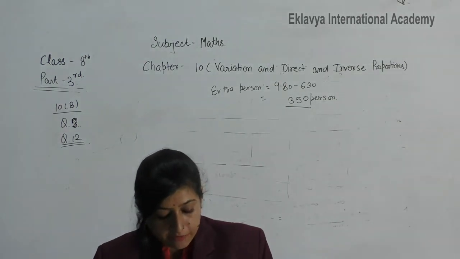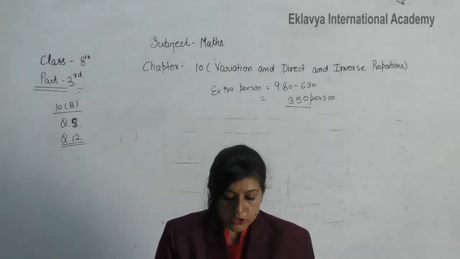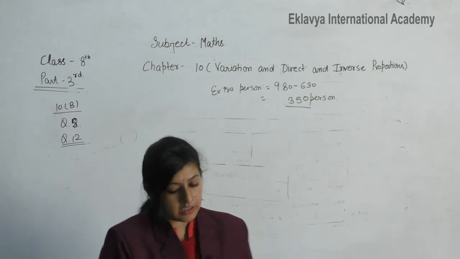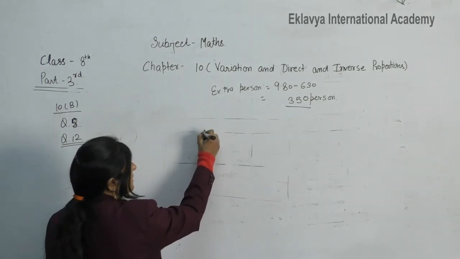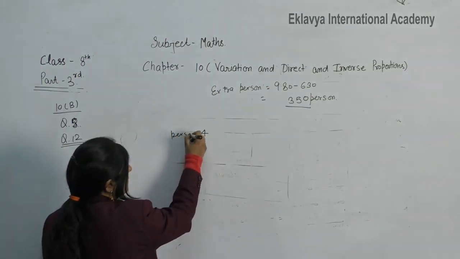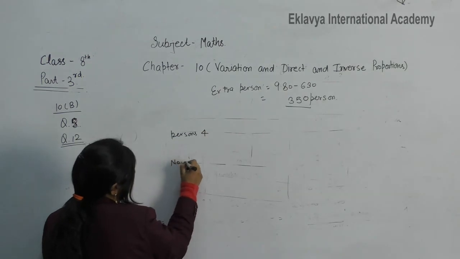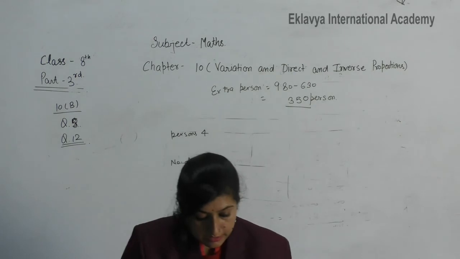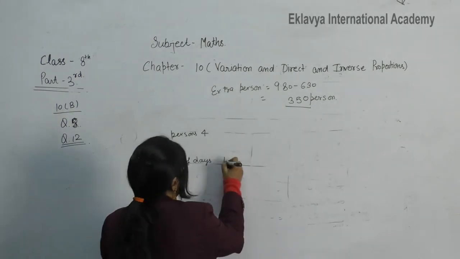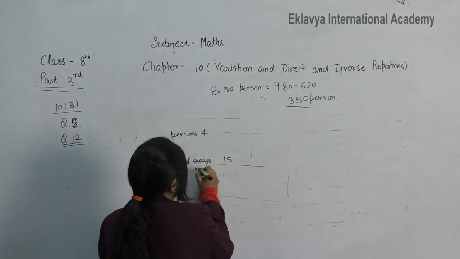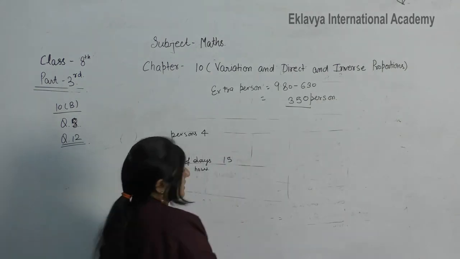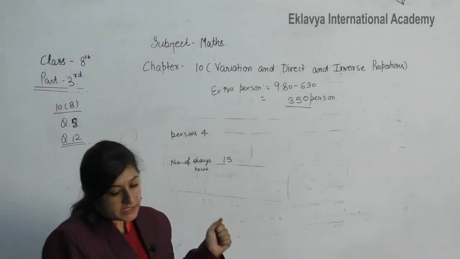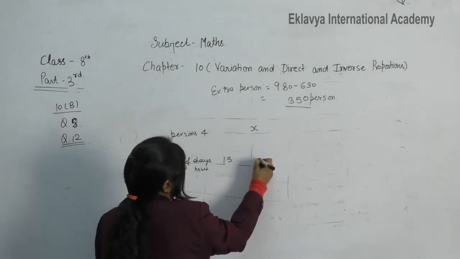If it would take 4 people 15 hours to do the job, how many people would be needed to complete the job in 6 hours? So 4 persons, number of persons, and number of hours you can write down. 4 persons take 15 hours.